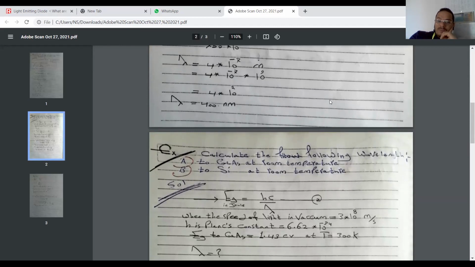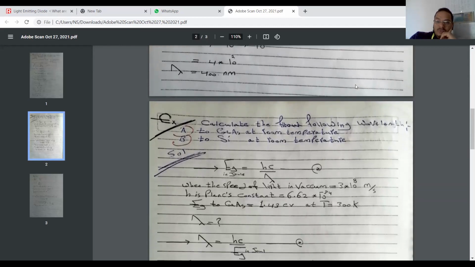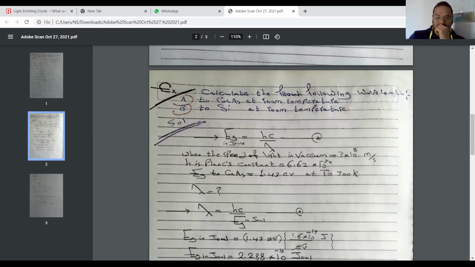And the last example is to calculate the following wavelength: for gallium arsenide at room temperature and silicon at room temperature. Here we will depend on the energy band gap at room temperature. The energy band gap of gallium arsenide equals 1.43 electron volts.